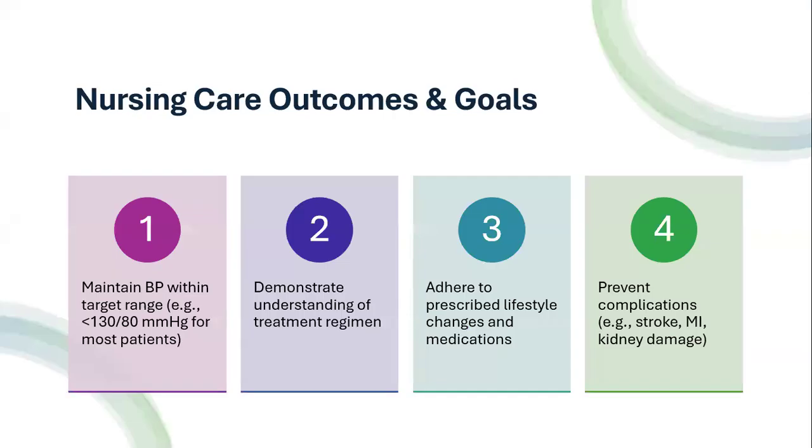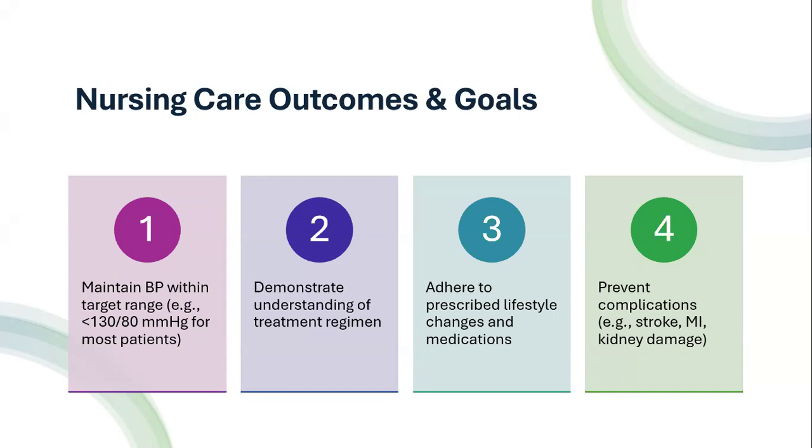Okay, next, after identifying the nursing diagnosis related to hypertension, the next step is to establish clear, measurable nursing outcomes and goals. Remember the SMART criteria, okay? This guides our intervention and helps us to evaluate whether the patient is progressing toward better health or not.